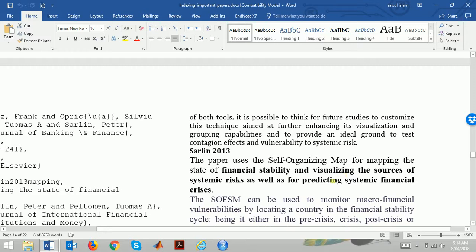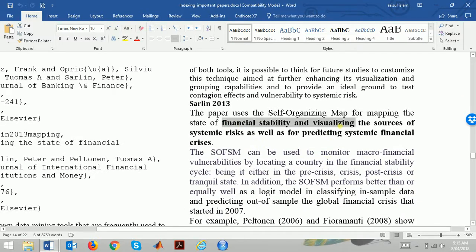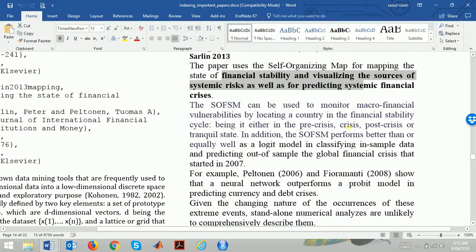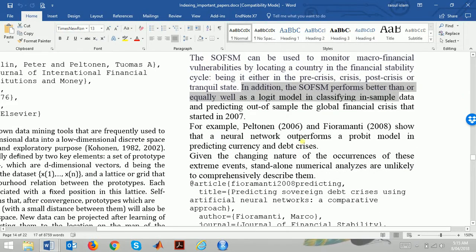Financial stability mapping: the paper uses a method for mapping the state of financial stability and visualizing the sources of systemic risk, as well as for predicting systemic financial crisis. In addition, the method performs better than or equally well as a logit model in classifying in-sample data and predicting out-of-sample global financial crises.